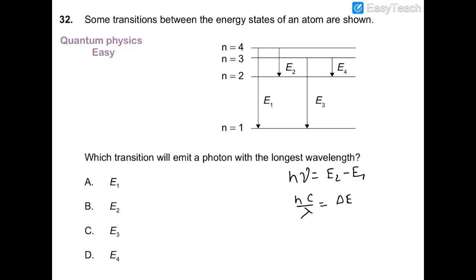So we can say that lambda is inversely proportional to delta E, which means that for the longest wavelength, the difference in energy states should be least. So the least difference of energy state is E4. So we can say that the correct answer will be D. Now we move on to the next question.